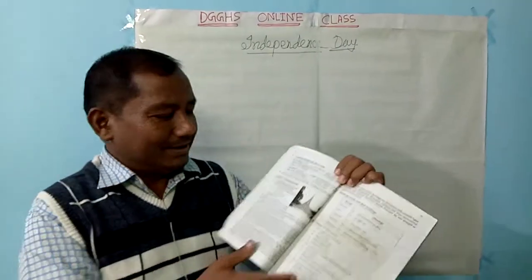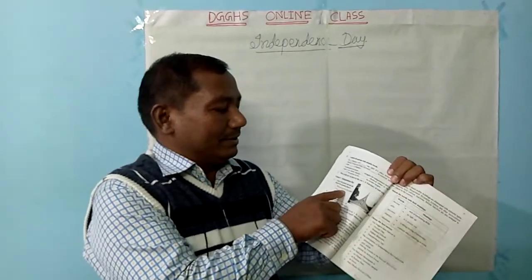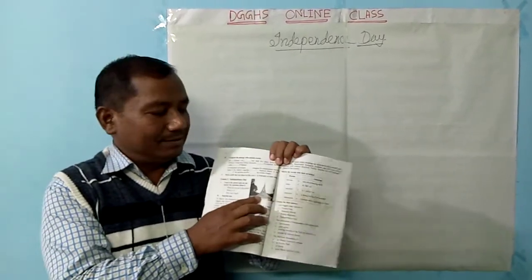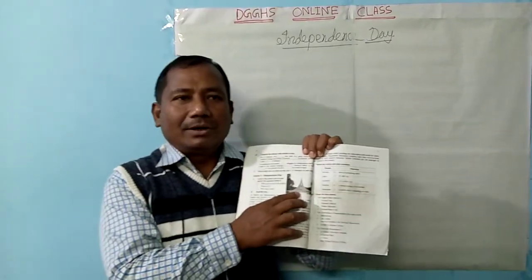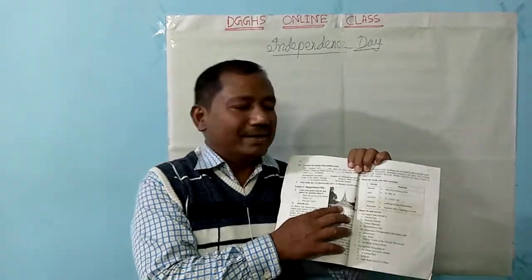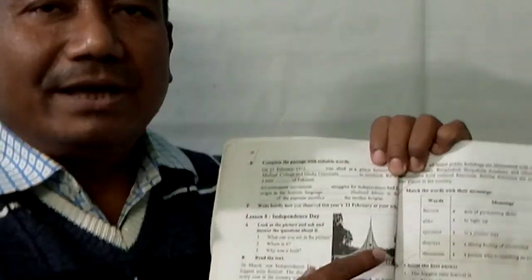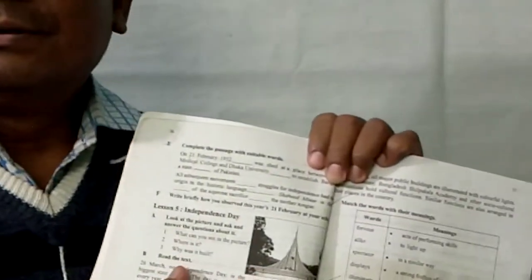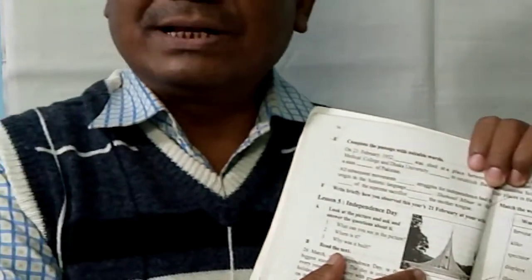Who can answer the question? Yes. You can see our national memorial. In other words, you can say our national mausoleum in the picture. Then, where is it? It is at Savar in Dhaka. Where is Savar? Savar is near Dhaka.